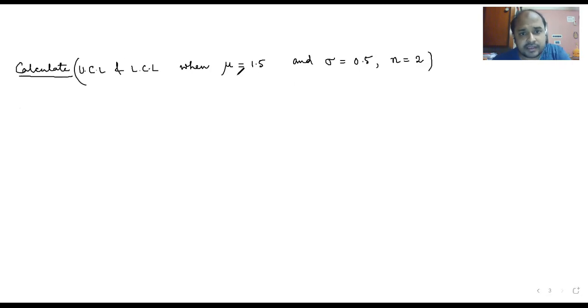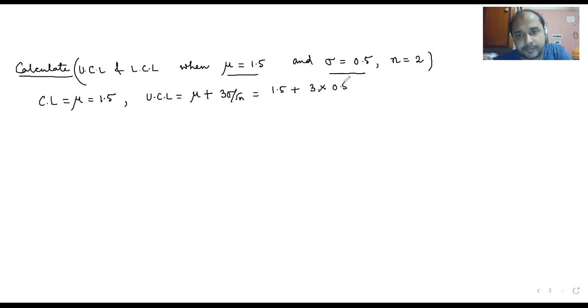Since you see that mu and sigma are known, and we are going to find UCL and LCL, immediately we know that CL is nothing but mu itself. So CL is known. So one part is already done. The second part will be UCL. UCL will be mu plus 3 sigma by root n, so this can be calculated as 1.5 plus 3 into 0.5 by root over 2.